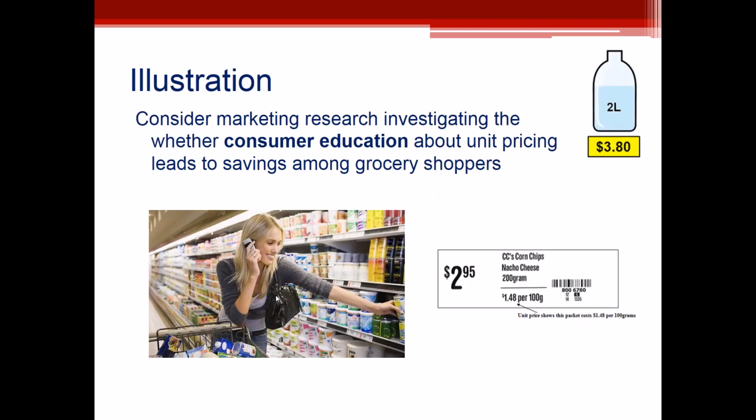To illustrate some of these ideas with a study that we ran recently, I want to talk through a field experiment that we conducted on consumer education relating to unit pricing. Within a grocery store context, you might be familiar with unit pricing. This is the price on a shelf label that represents the amount that you're going to pay per some fixed amount, and that's displayed across all products.